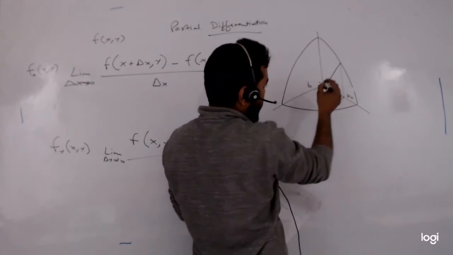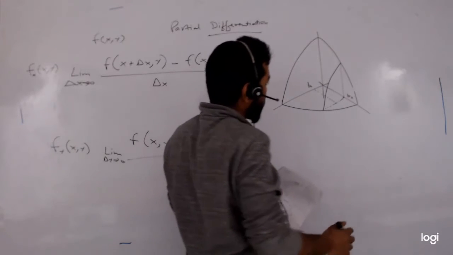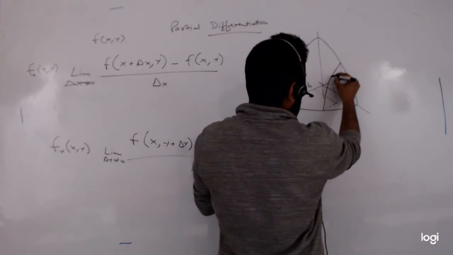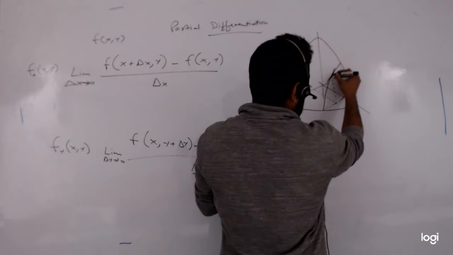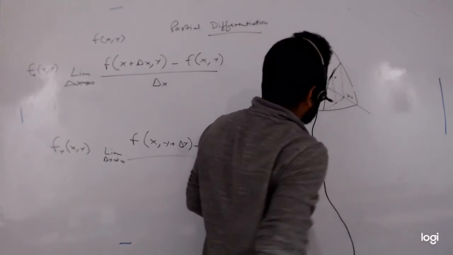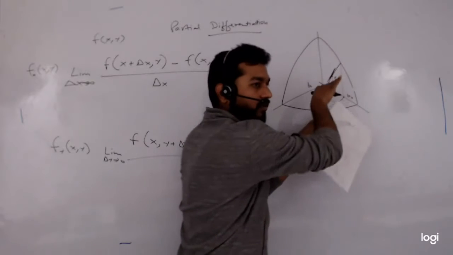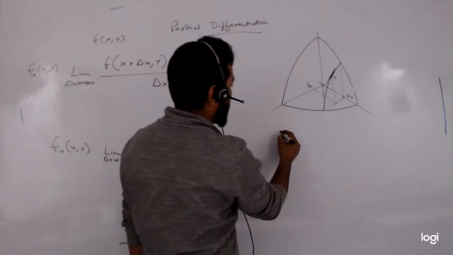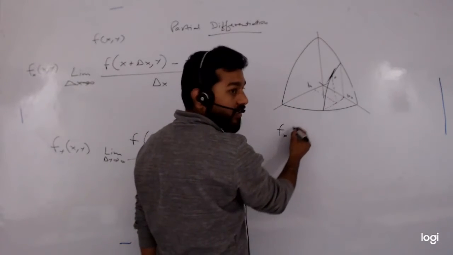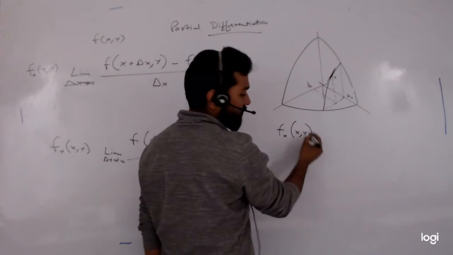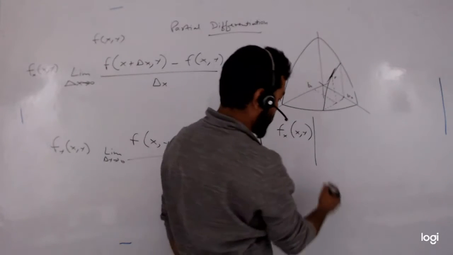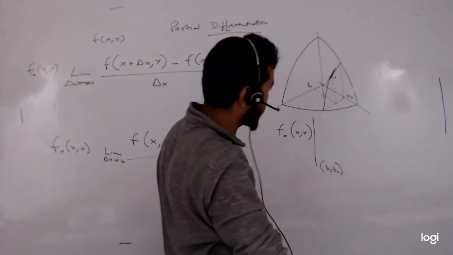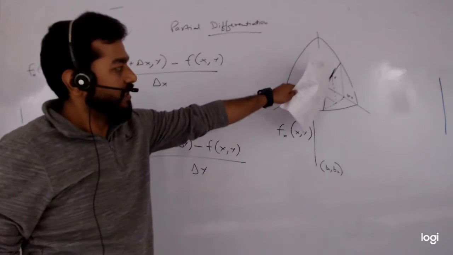This is b1 on the x-axis, and you have this point P over here and this line tangent to this curvature at P. The partial derivative f sub x of a function of x and y at b1, b2 is equal to the slope of this line at P.